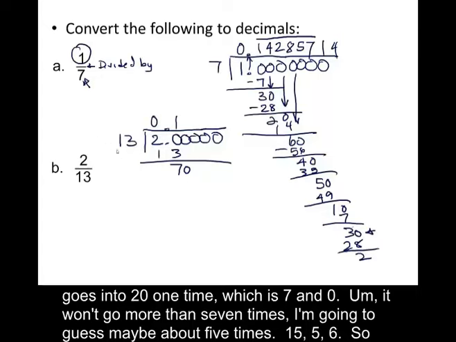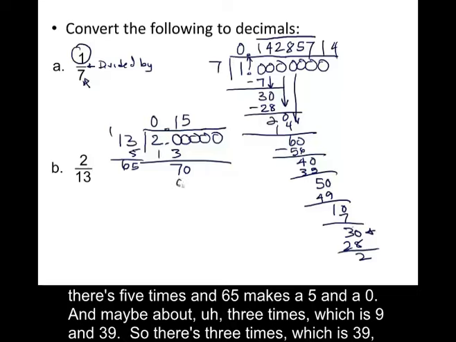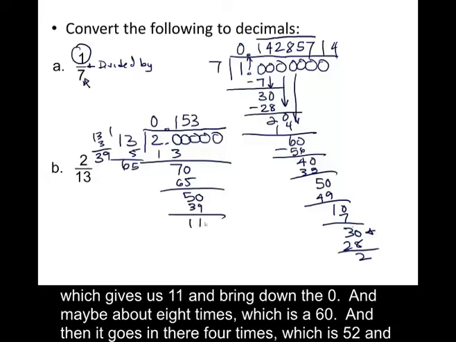I'm going to guess maybe about 5 times. 5 times 13 is 65, so there's 5 times, and 65 makes 5 and a 0. And maybe about 3 times, which is 39. So there's 3 times, which is 39, which gives us 11, and bring down the 0.